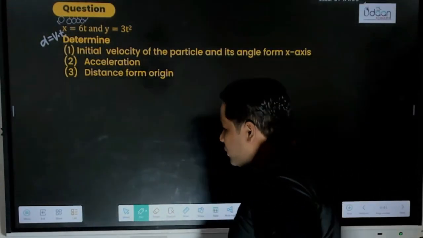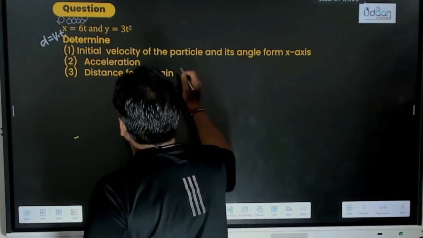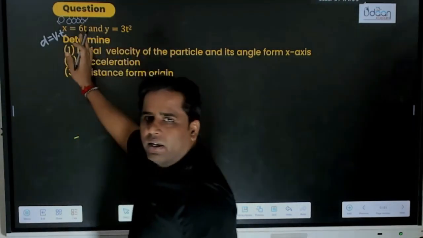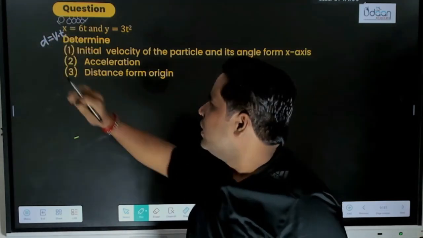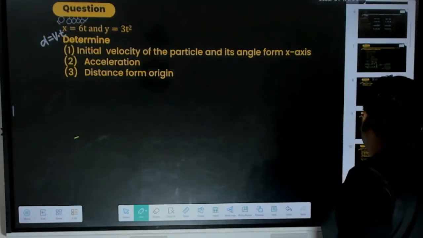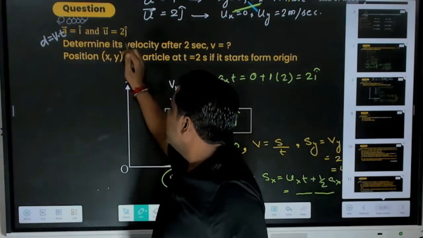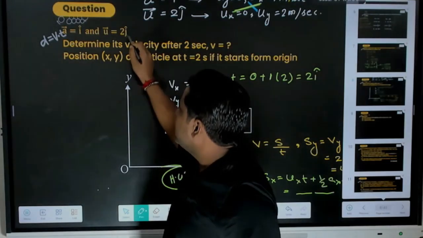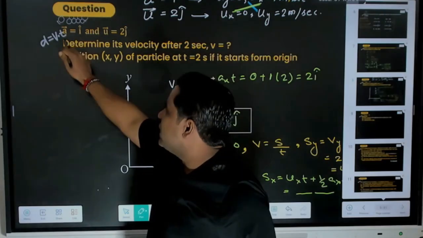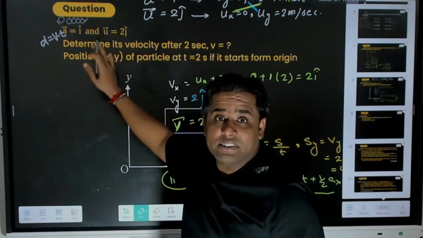Here we are going to get the condition of the next question, and see the case. This particular question is very similar to what we have covered earlier. The simple thing which is different from the previous question is what? In the previous question, everything was given in constant form. There was no variable used in the initial velocity vector, and likewise in the acceleration vector, there were no variables used in the equations.